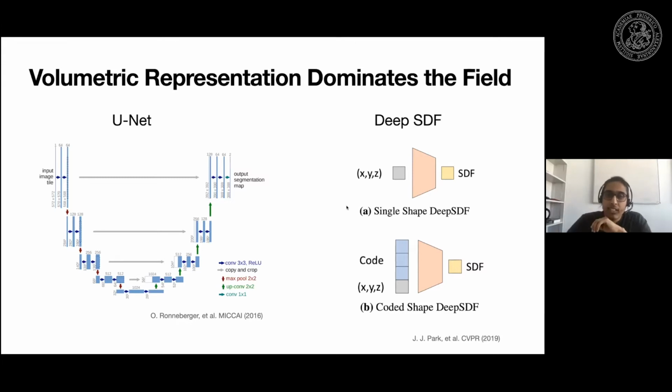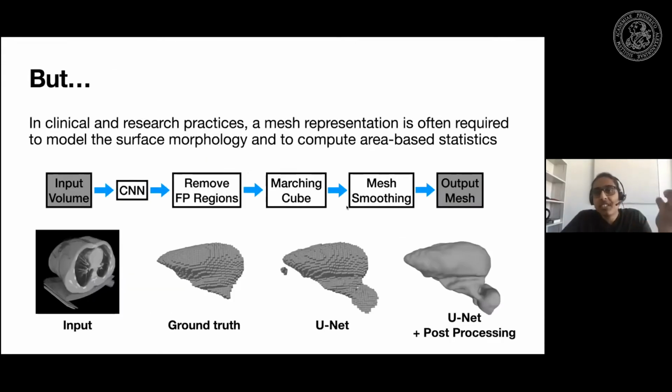But now the interesting thing is, if you talk to someone doing research in life sciences who analyzes organs or medical images, or someone doing clinical practice, there are a lot of people that are interested in meshes. One reason is that they want to analyze the shape of structures.